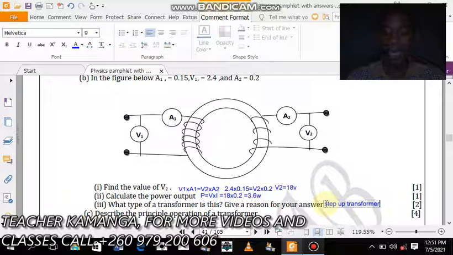Alright, now we also need to give a reason. We can give a reason based on the number of turns, and also we can give a reason based on the voltage.